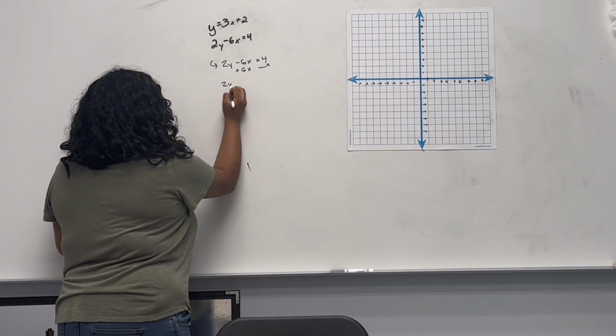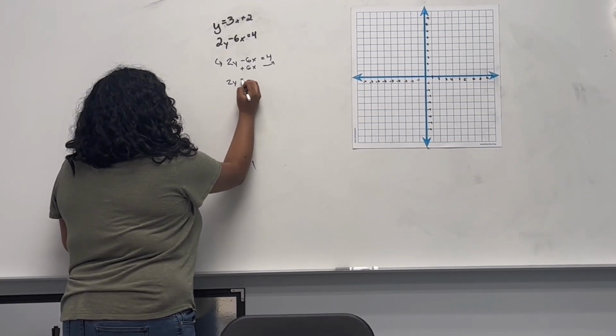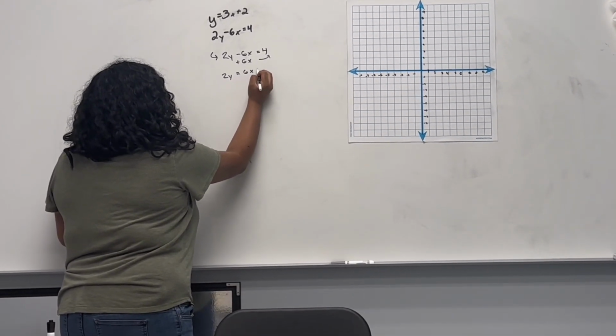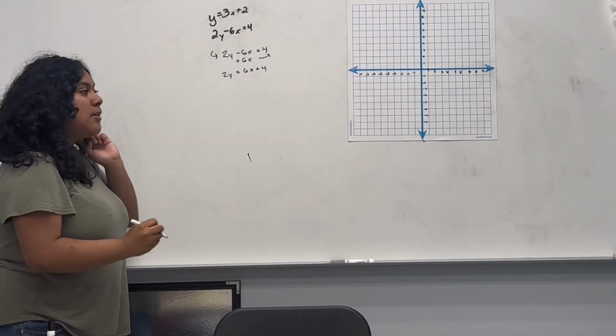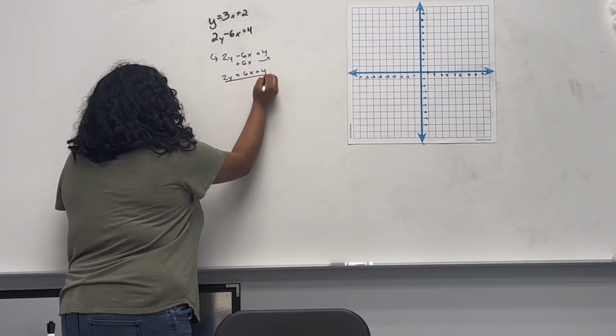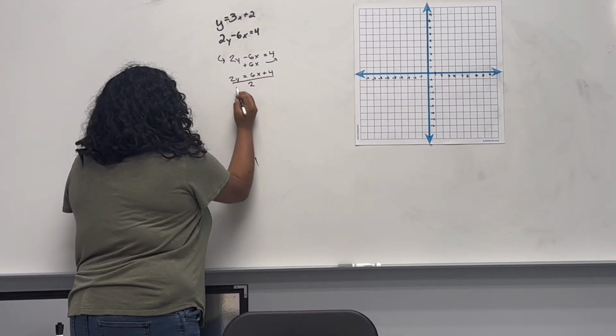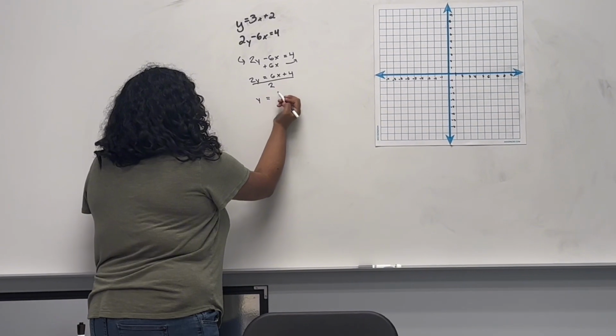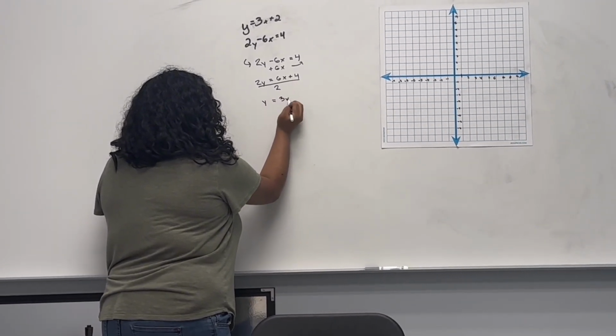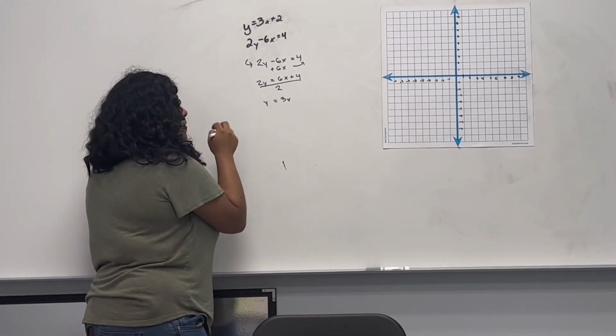So now we have 2y equals 6x plus 4. And then since this is 2y instead of y by itself, we're going to divide everything by 2. So 2y divided by 2 would be y itself. 6 divided by 2 is 3x. 4 divided by 2 is 2.